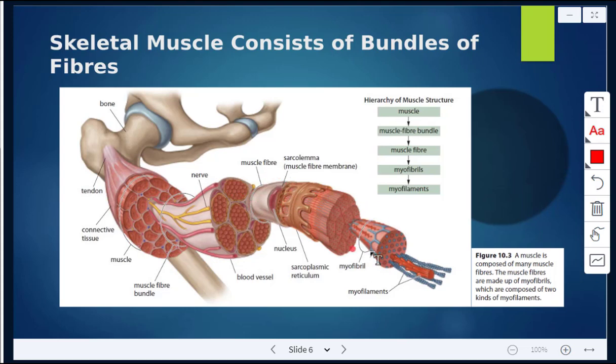Then we have the myofibrils, and then the myofilaments. A muscle is composed of many muscle fibers. The muscle fibers are made of myofibrils, which are composed of two kinds of myofilaments, which we'll talk about further.